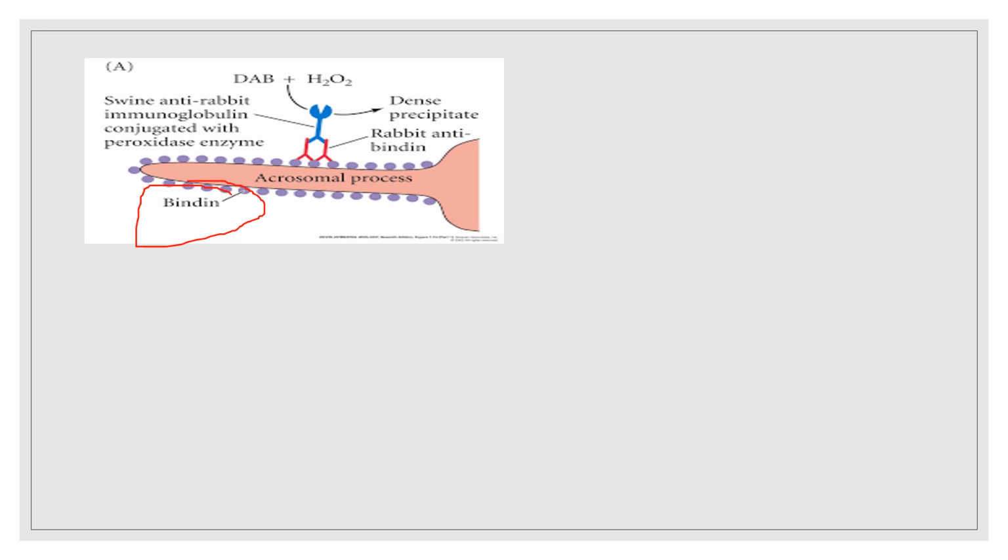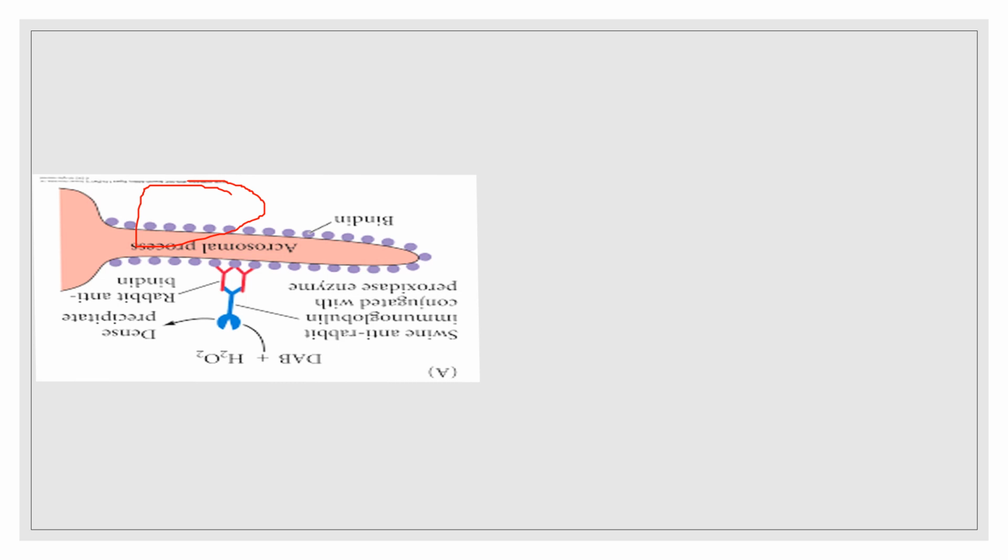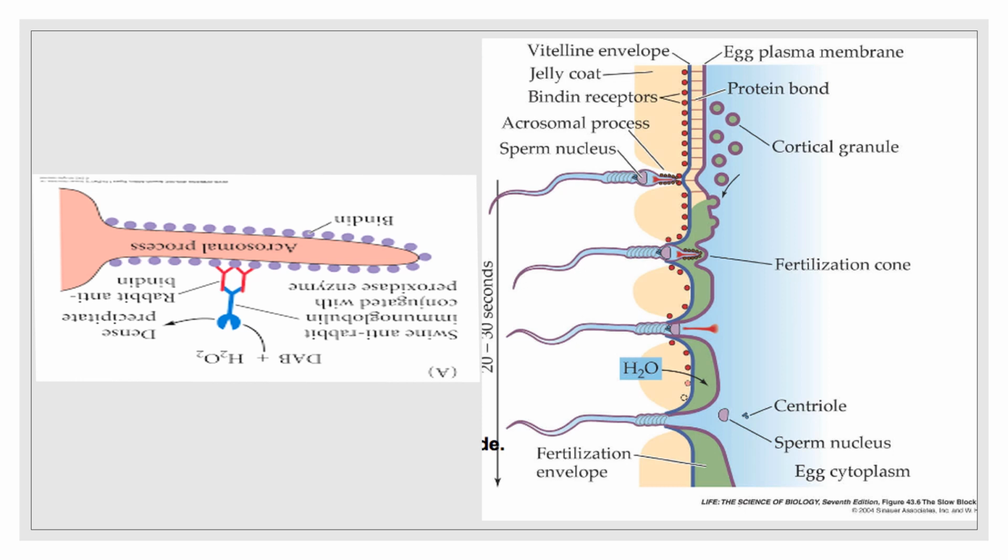When this acrosomal process tries to fuse, first it will try to fuse with the outer vitelline envelope, the vitelline membrane, and you can find that there are vitelline receptors. There are binding receptors on this vitelline envelope. So this binding protein will first form a bond with the binding receptors at the vitelline envelope.